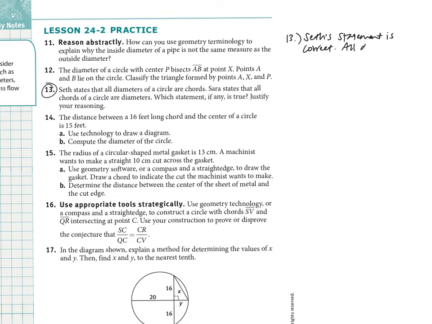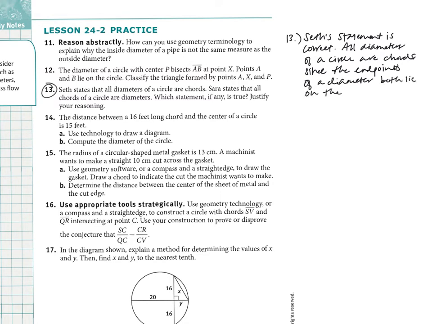So we're going to say all diameters of a circle are chords, since the endpoints of a diameter both lie on the circle. And we obviously know not every chord is a diameter because not every chord goes through the exact center.